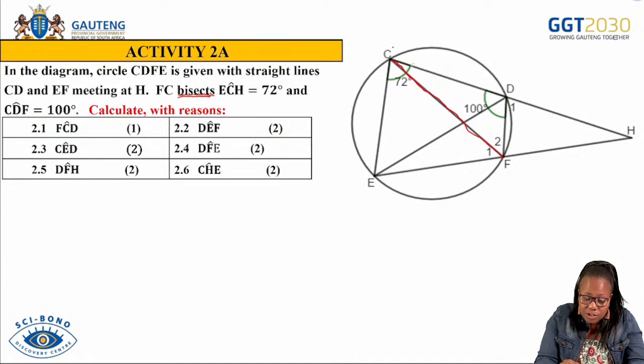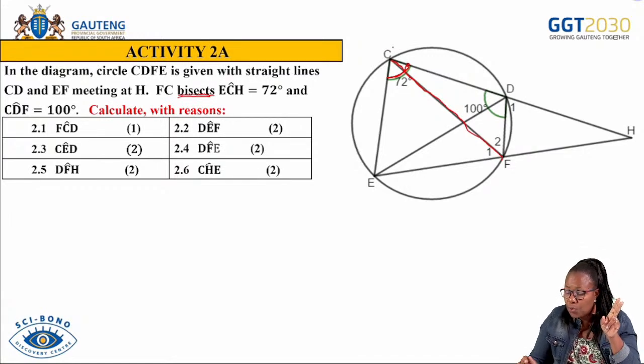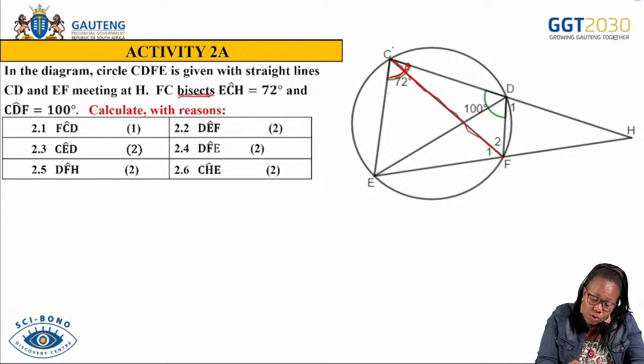That means this 72, remember, it belongs to the whole angle. So if we are bisecting that angle, each part here will take half of 72, right? So bisected 72, therefore each will take what? A 36.